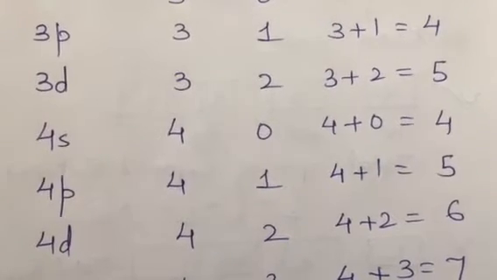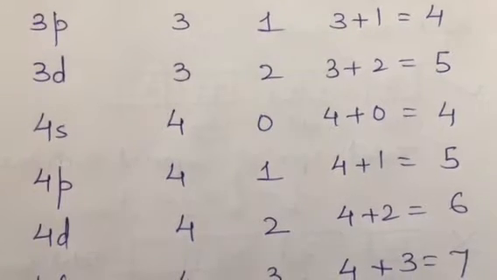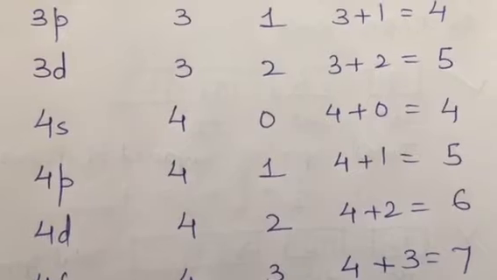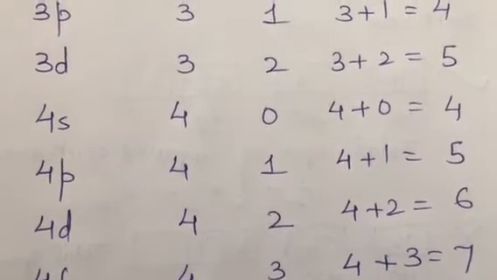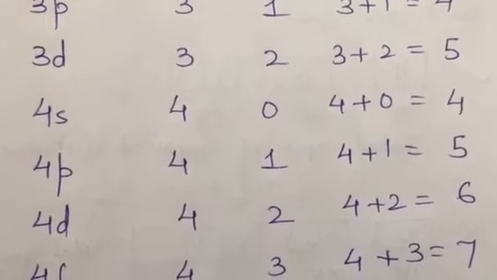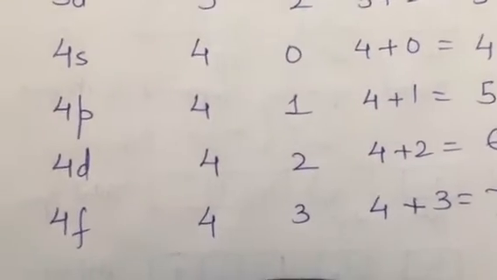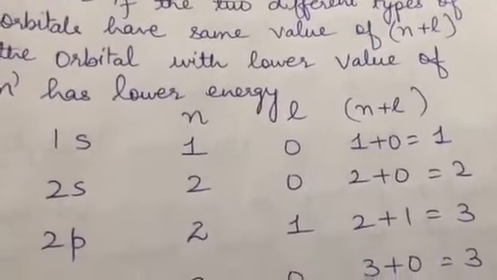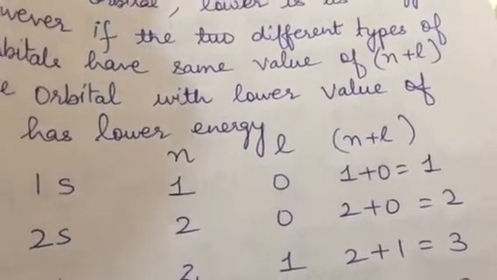So if you compare 3d and 4p, both have total n plus L value equal to 5. But 4p would have higher energy than 3d. This is what the n plus L rule means. So this is how we can determine the orbitals and their energies.